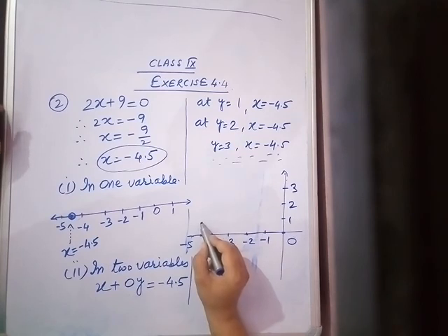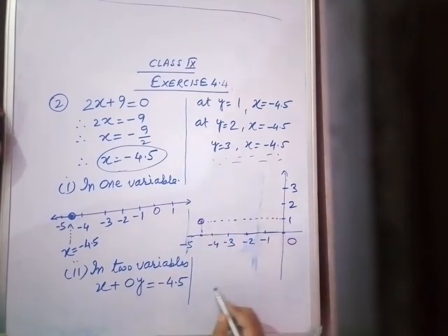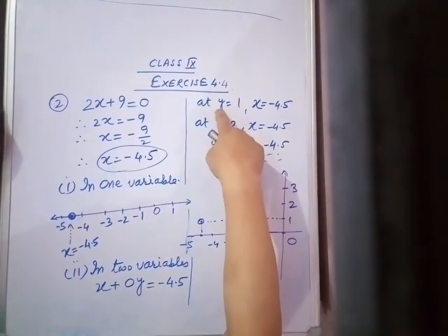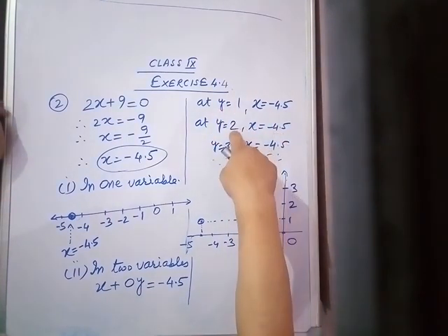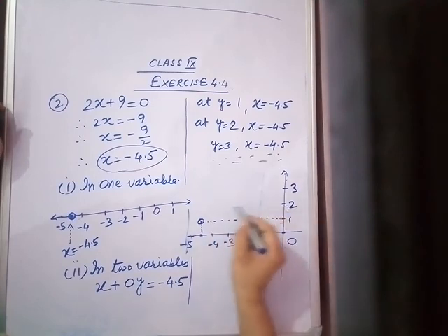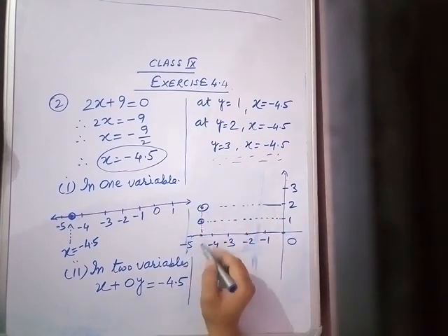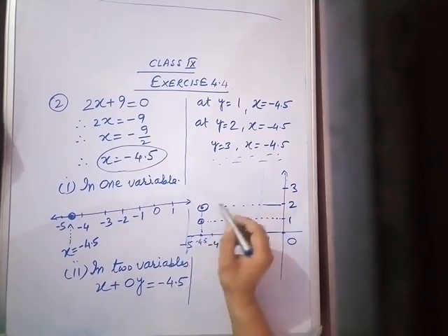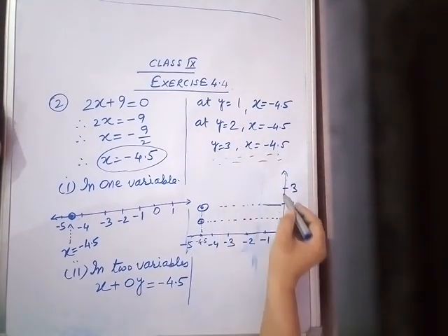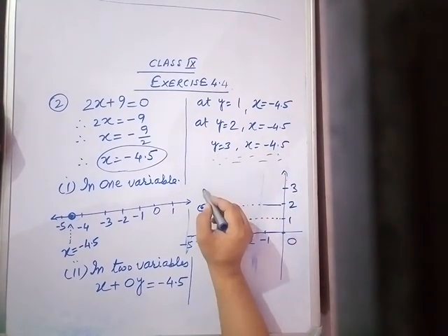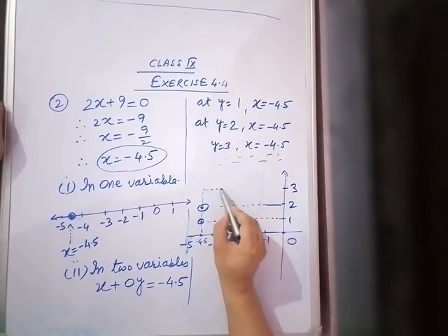So it is (-4.5, 1), then (-4.5, 2). Similarly, (-4.5, 3). So here this is the point (-4.5, 3).